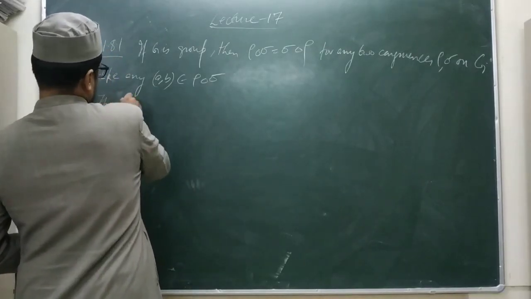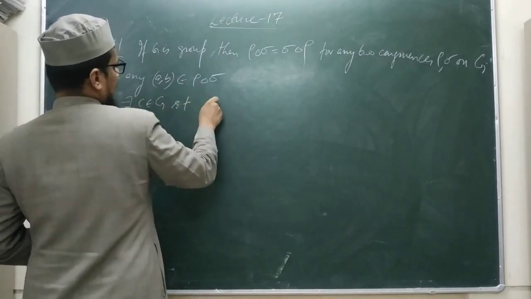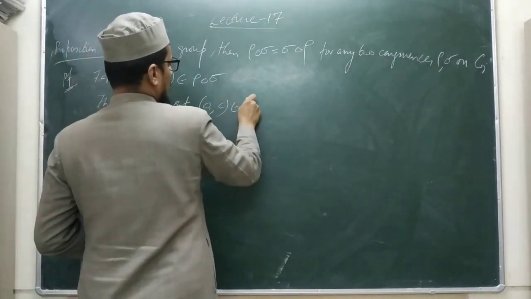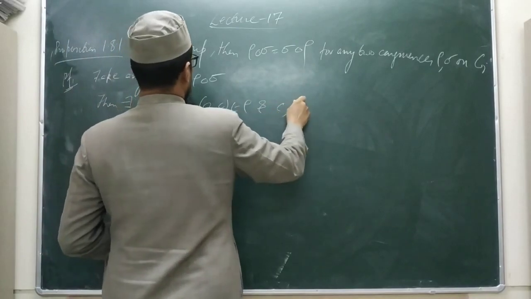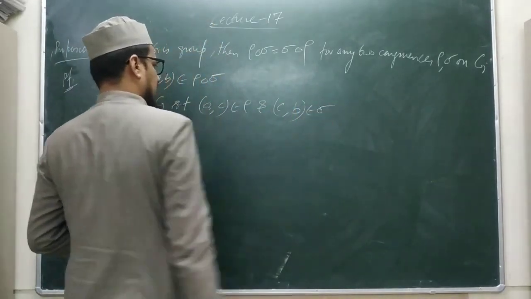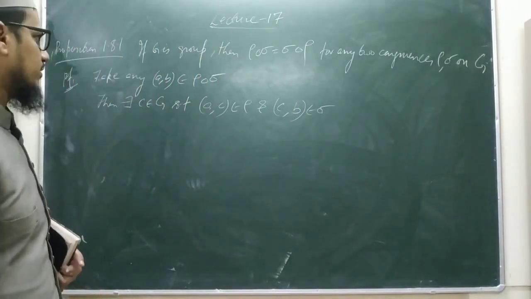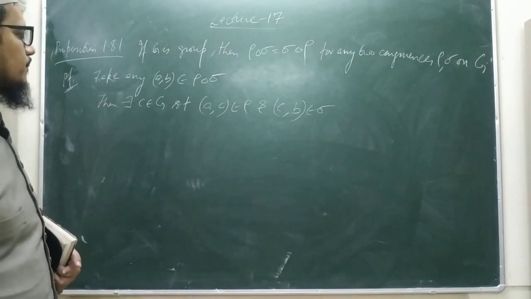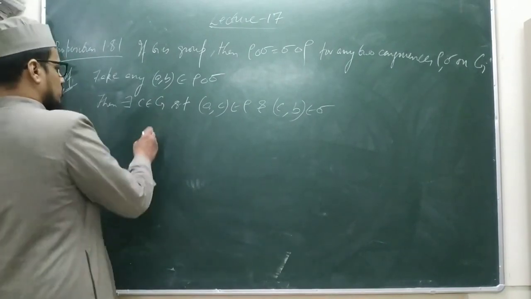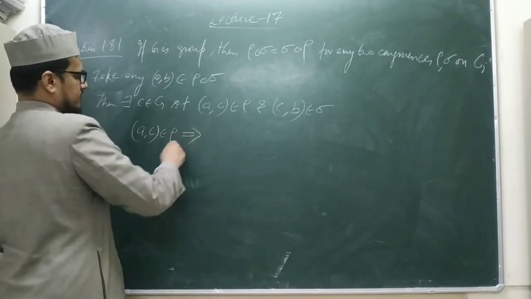Then there exists C belonging to G such that (A, C) belongs to rho and (C, B) belongs to sigma, correct? By the property of composition of two binary relations. So (A, C) belongs to rho.